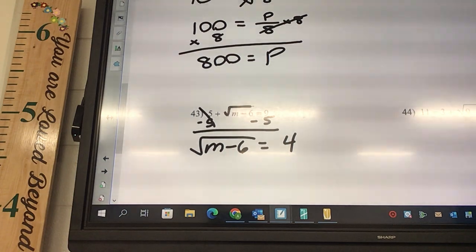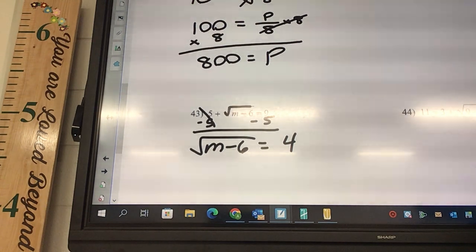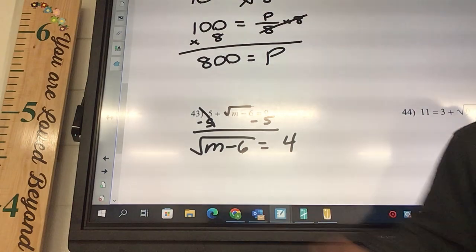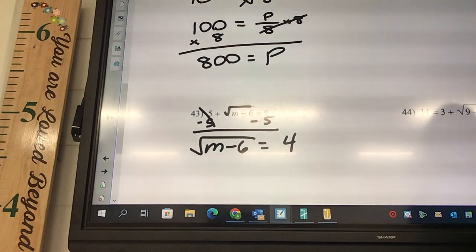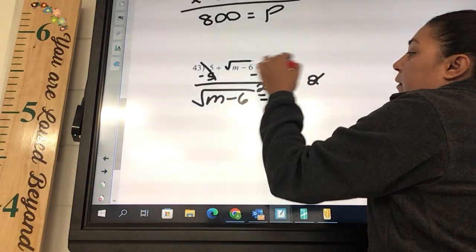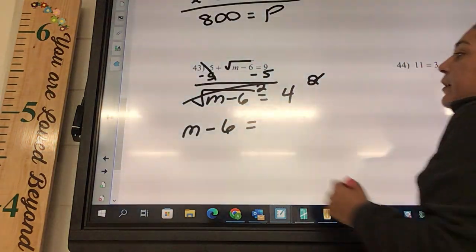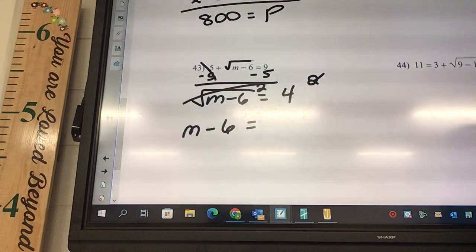Is the square root by itself? When I'm talking about by itself, is everything underneath of it or not? If there's stuff on the outside, then it's not by itself. But if it's underneath that house, then it is by itself. So our next step is going to be to square it and square it. So I got m minus 6. What is 4 squared? 16.